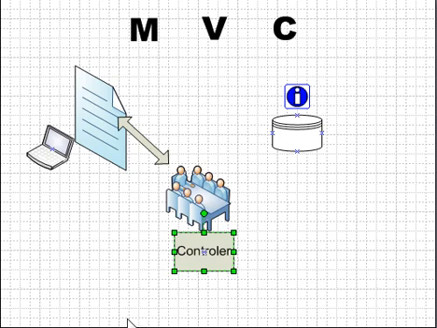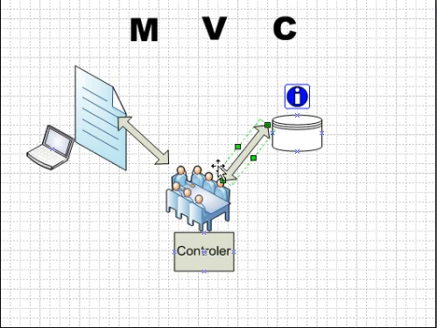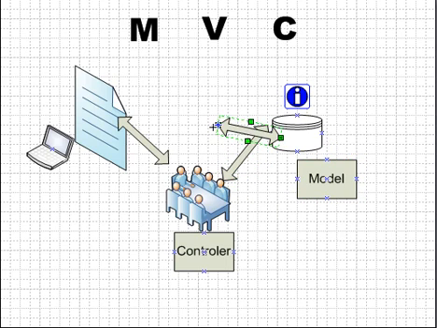The controller then gets the event that happened on the page and goes to the model to tell the model to generate a view of the data for the controller. So no logic is in the page. That's a view here.